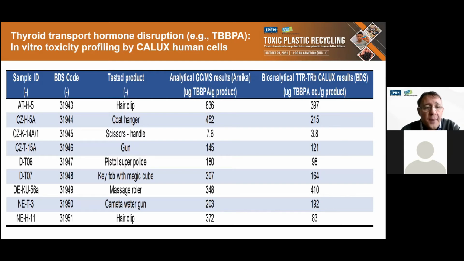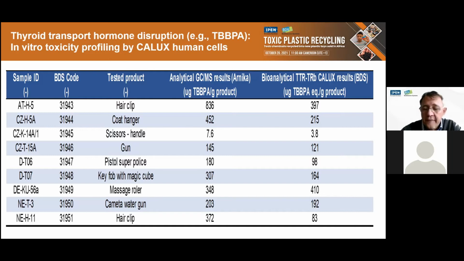Now, we also have a bioassay for that, which is called the TTR assay, which measures the inhibition of the thyroid hormone transport protein. And we tested those extracts with the bioassay as well. And the range is very similar, 3.8 to about 400, which shows that tetrabromobisphenol A here is the main inducer of the thyroid transport hormone inhibition.